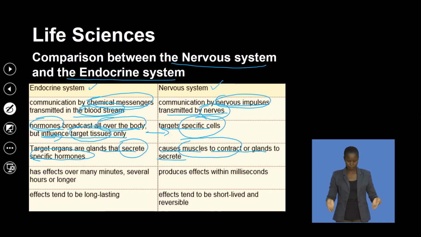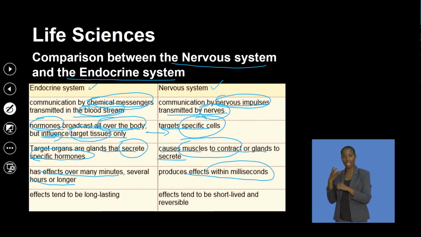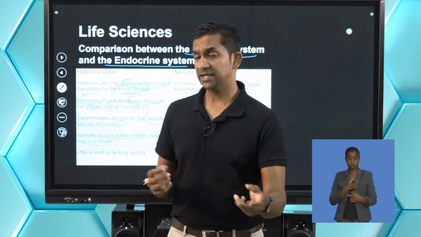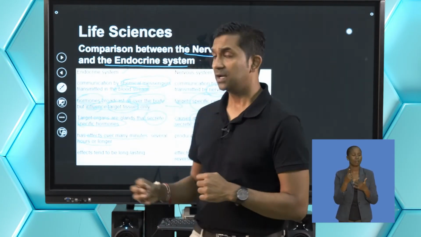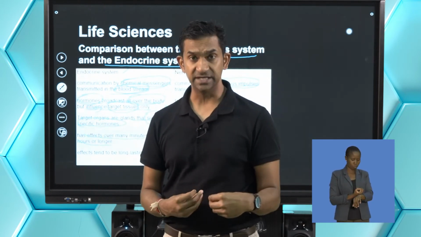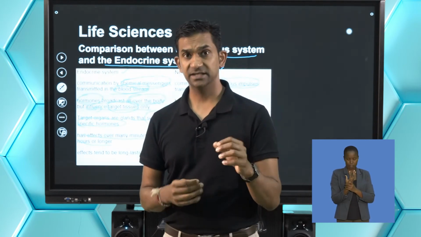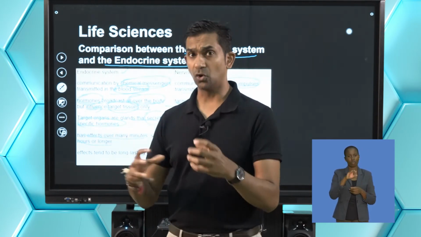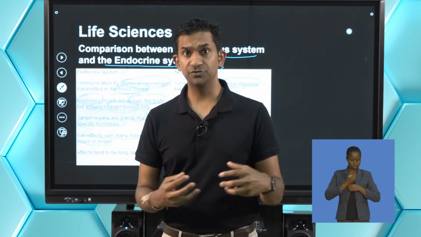Let's look at another difference. Hormones have an effect over many minutes to several hours or even longer, whereas your nerve impulses through the nervous system have an effect which happens within milliseconds, as I pointed out to you earlier on. An example of a hormone would be the growth hormone. The growth hormone is gradually released from the pituitary gland and targets your muscles and organs, and that helps for growth and development.